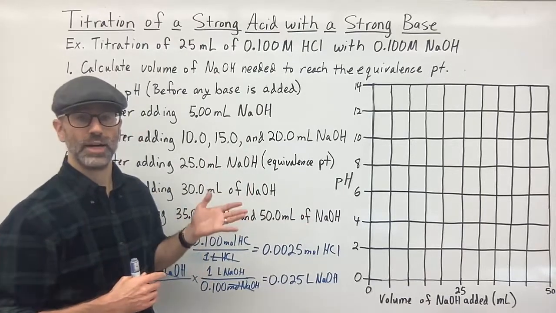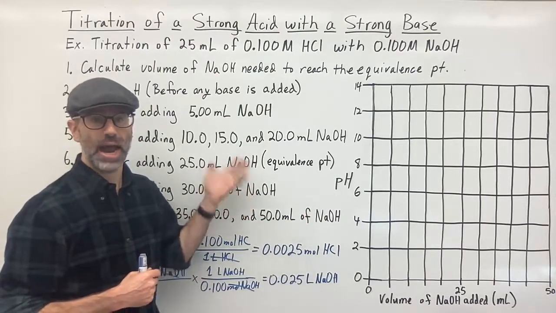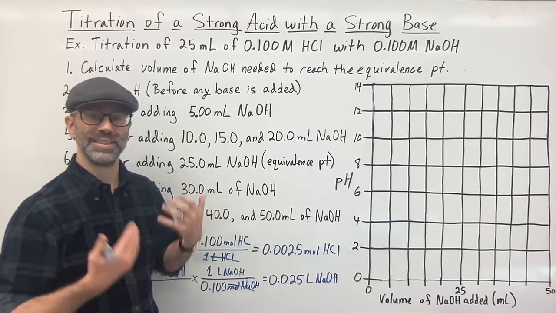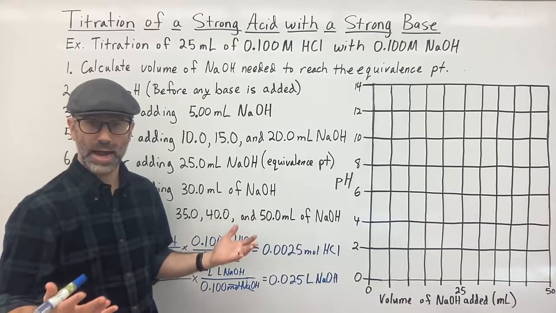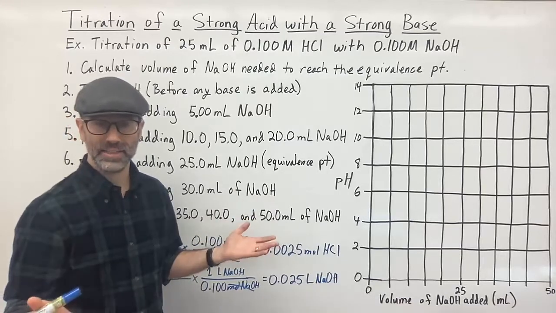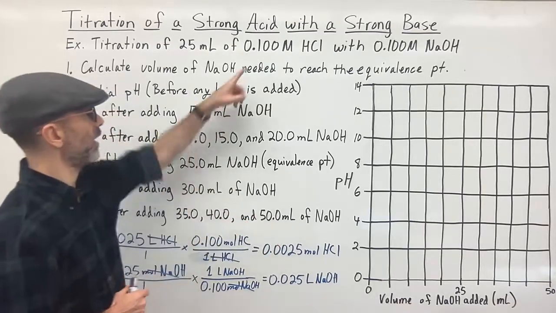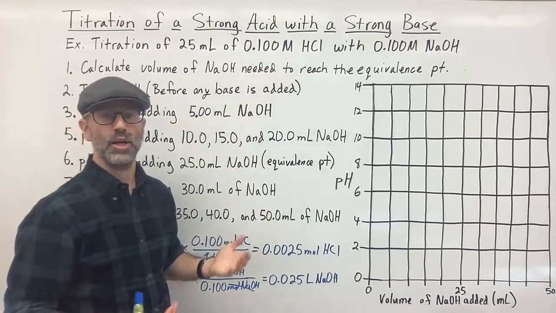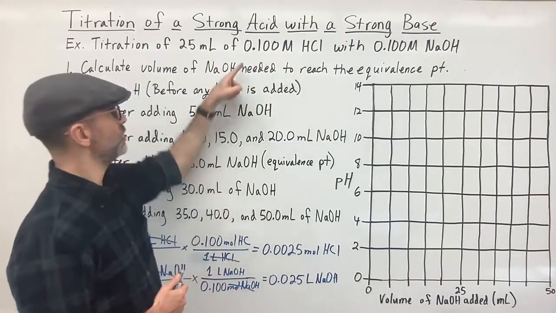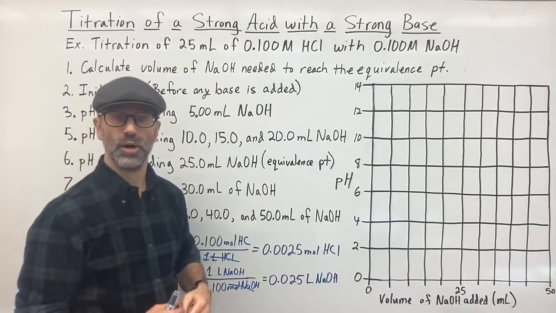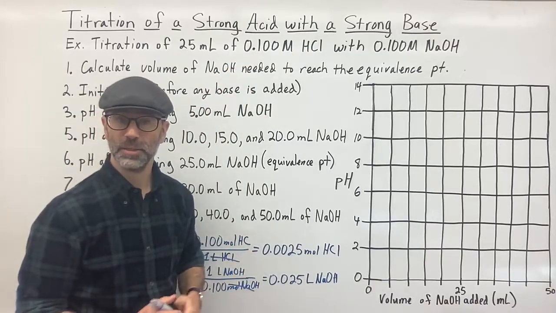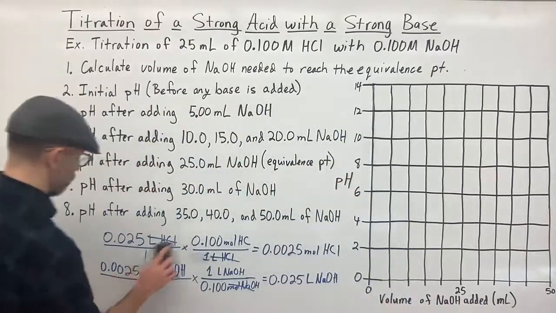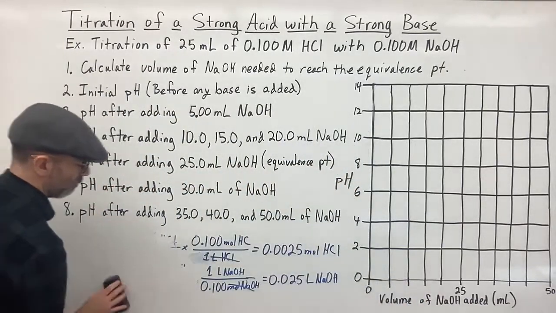And so whatever concentration of the strong acid we start with, that's going to be the concentration of the H plus in solution. So here we have 0.100 molar HCl. So therefore we have 0.100 molar H plus.